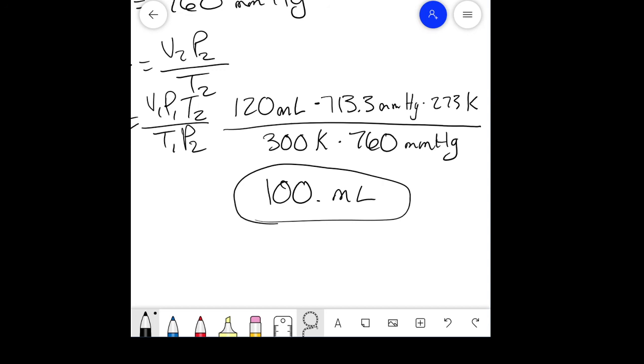You just find the temperature in Celsius, subtract that pressure from the original pressure, and you will be good to go. And then you just work the problem like normal. So yes, that is collected over water.